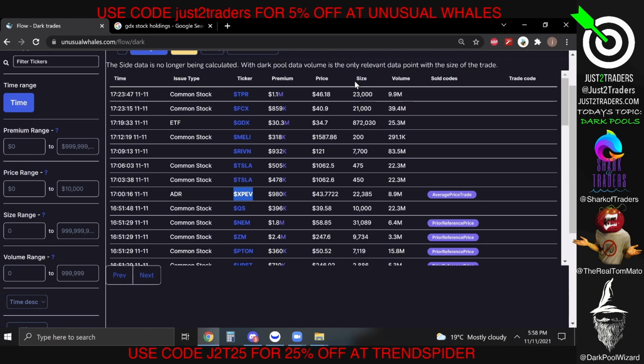So this block has a chunk of a million prints, and this block has 200K in it, and this block has 20K. This block print was 23, this block was 21, this block was 872,000. So we're sizing the block, and that's why it's called size versus volume, excuse me.